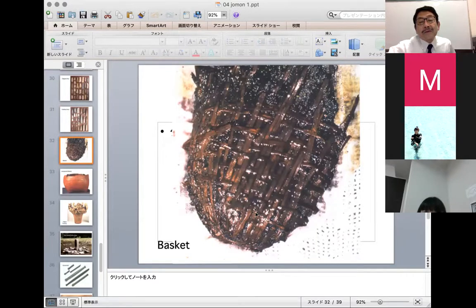You will see some patterns, like step patterns. So they knew all kinds of weaving methods at this time. We are finding so many more baskets in the Jomon period and finding all kinds of decorative ways of weaving too. I'll show that later too.